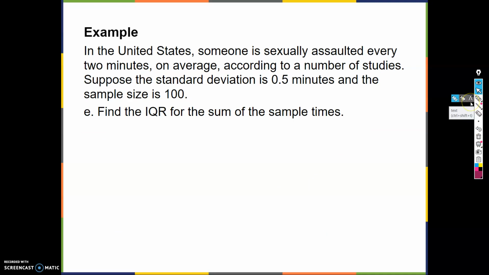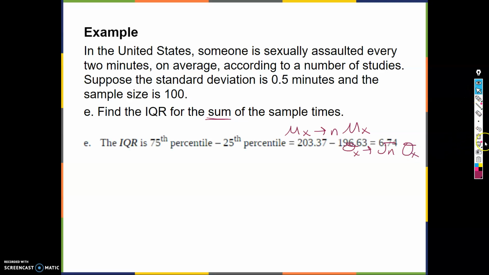Okay, IQR. Find the IQR for the sum of the sample times. So, keyword here, sums. In sums, the mean goes to n times the mean, and the standard deviation goes to the square root of n times the old standard deviation. IQR is the 75th percentile minus the 25th percentile.